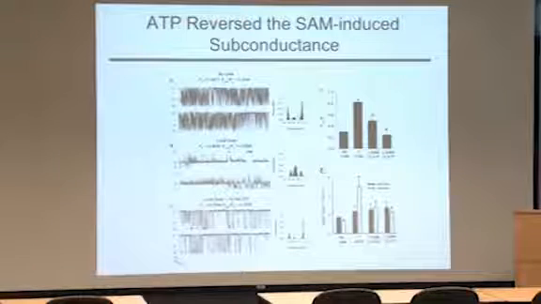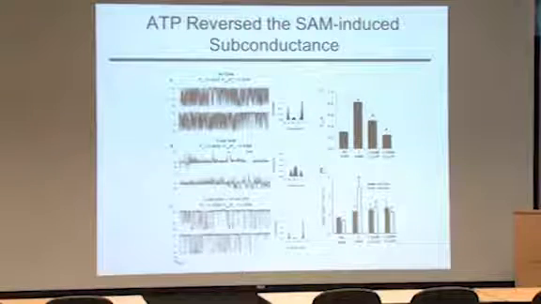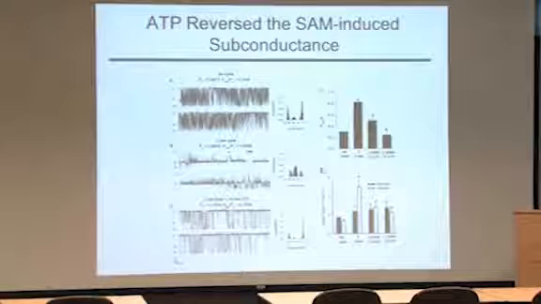I should mention, these diagrams to the side are just amplitude histograms. So this is the amplitude of the current, and this is the probability. You can think of this as the number of openings. So you have lots of closings, which is zero conductance, and then you have some openings to an open level, and these are the subconductances.